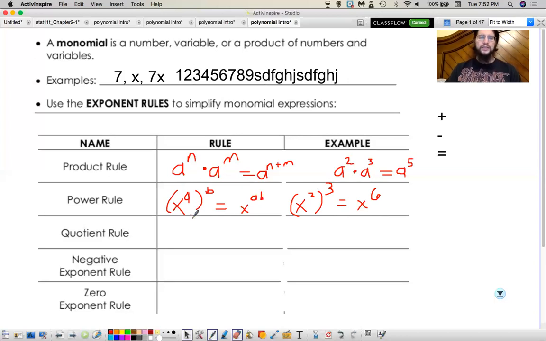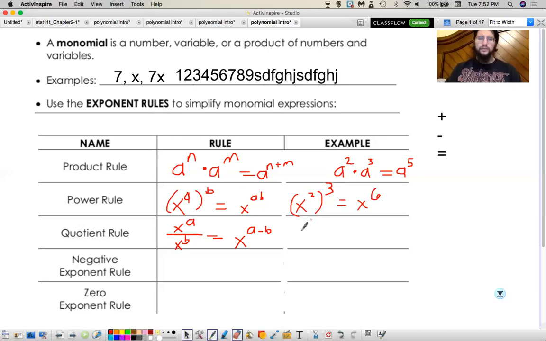Quotient rule. Remember, quotient means division. So if we have x to the a power over x to the b power, again, your bases must be the same. Remember, multiplication and division are basically the same operation. So it shouldn't be any surprise that when we add with the product, we're going to subtract with the quotient: a minus b.